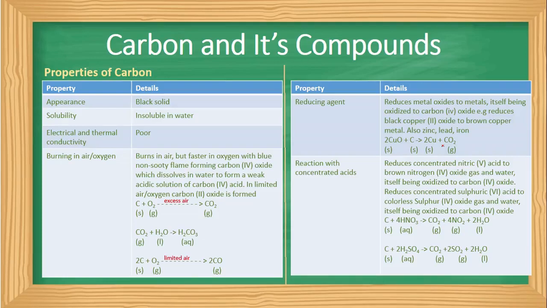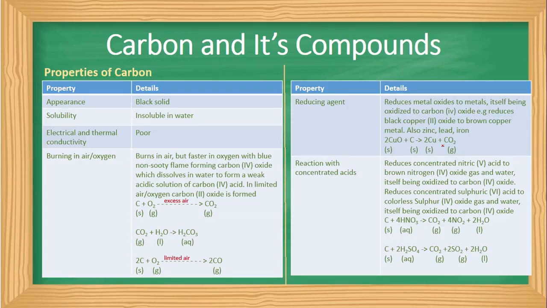Now let us look at the reaction with concentrated acids. It reduces both concentrated nitric and sulfuric acids to gases. For concentrated nitric acid, it is reduced to nitrogen 4 oxide gas, and the carbon is oxidized to carbon 4 oxide.